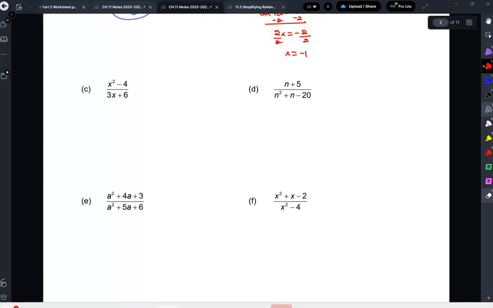Okay, this one. Let's do the excluded values. Take the denominator. So minus 6, minus 6. Now, 3x equals negative 6.